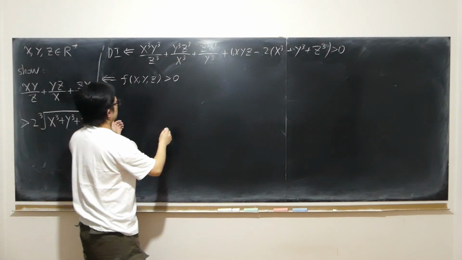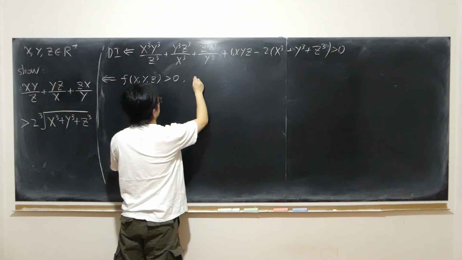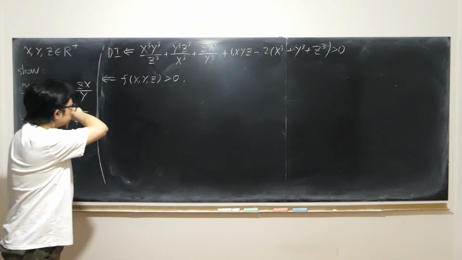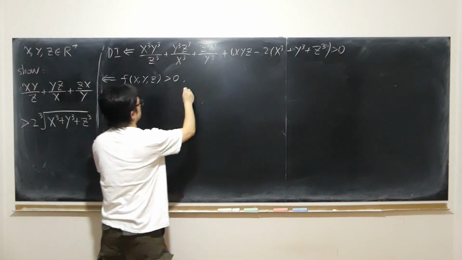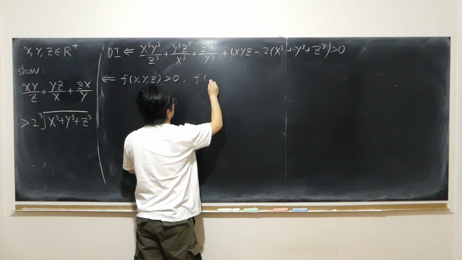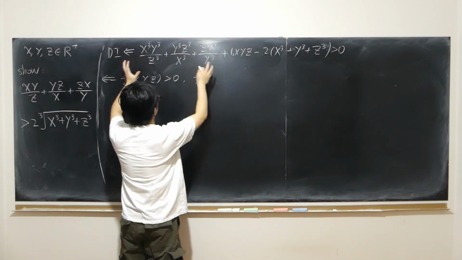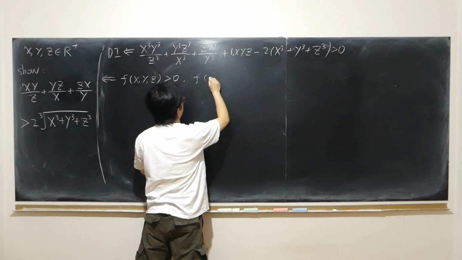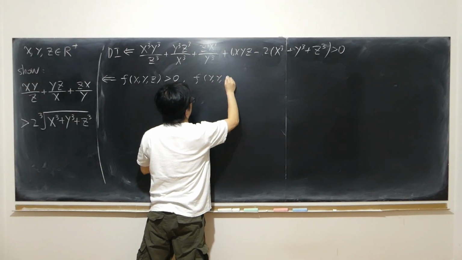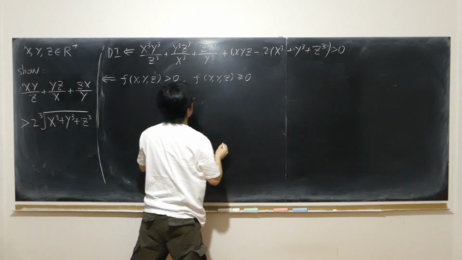Furthermore, can we show at the same time, because this is a crucial step, first of all, f of y, z, replacing x with y, whenever you have x, is greater than or equal to 0.